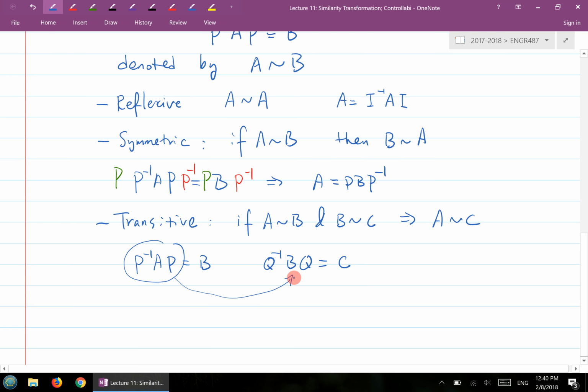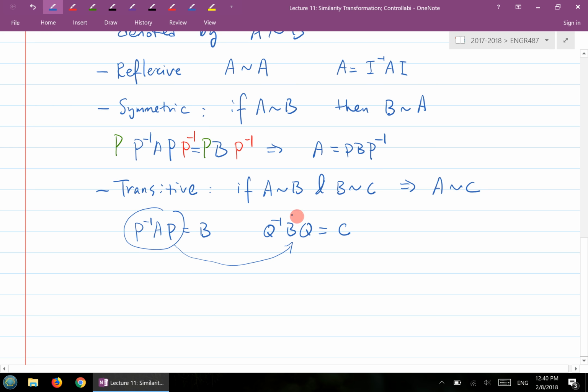Then what we get is Q inverse times P inverse times A times P times Q equals C, right?